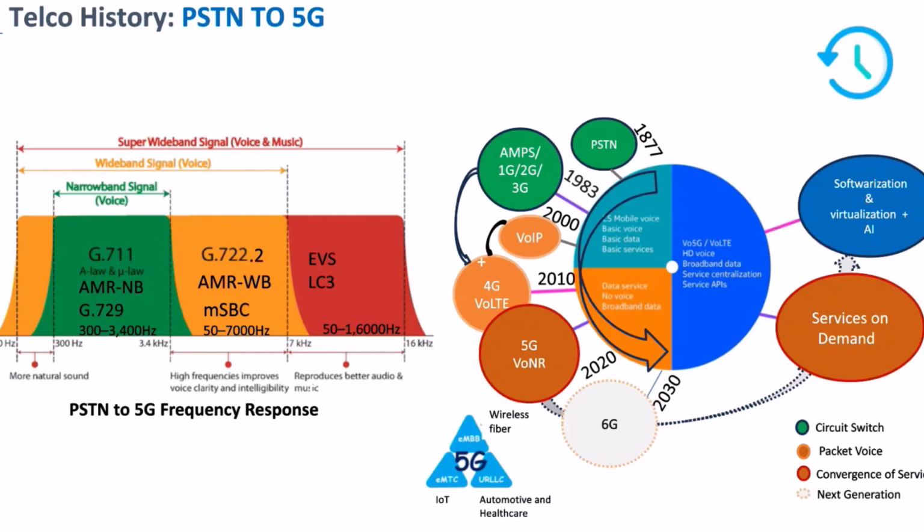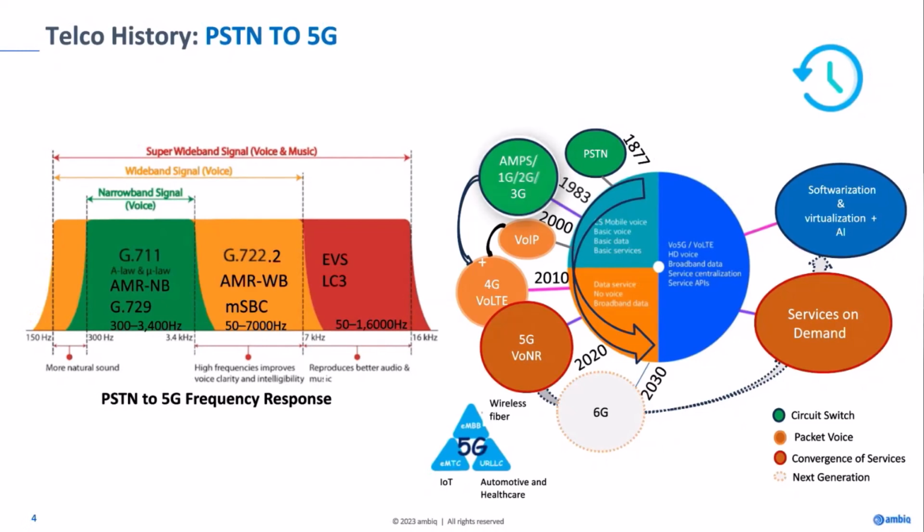Since then, there has been innovation in network protocols: 1G, 2G, 3G, 4G, 5G, and we are now also talking about 6G. So how do we increase the data rate? That's what this wireless generation means.